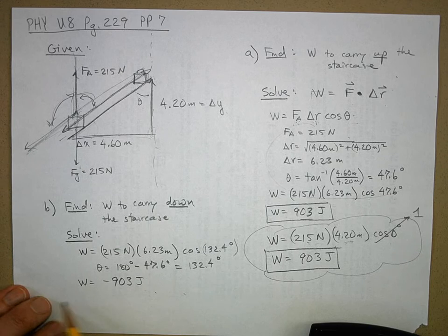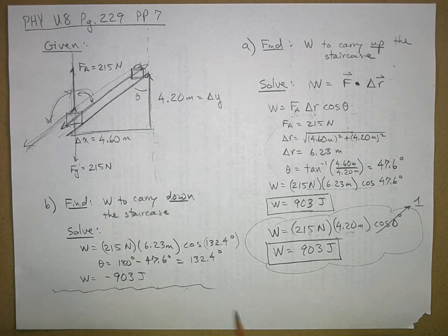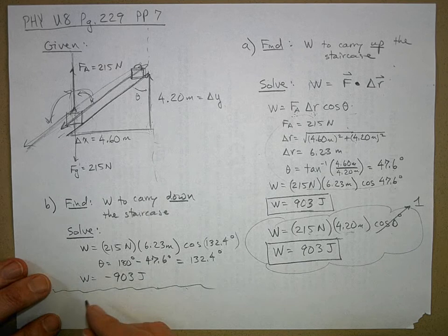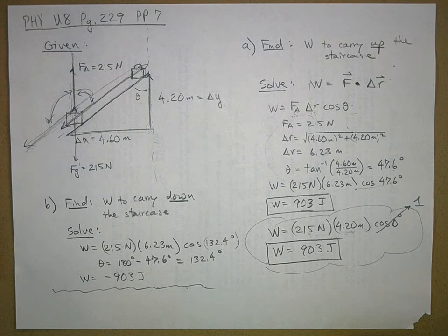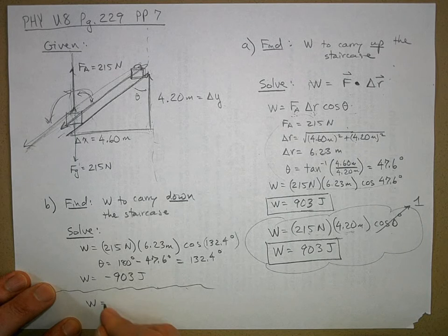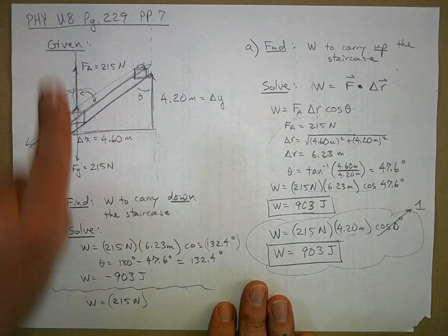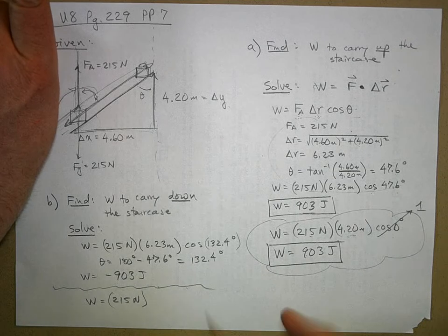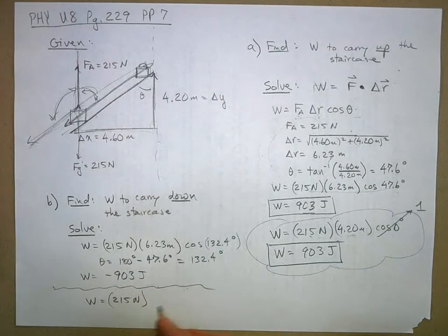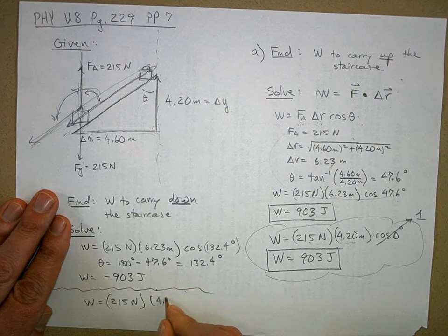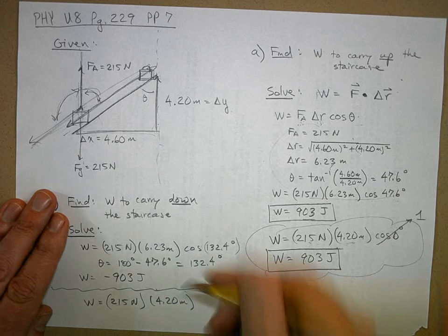Of course, that's the long way to do it. Let's do the shortcut way and just say, look, it's the force and displacement that are parallel to each other that matter. So I'll take the force, 215 newtons. Now that's up. The displacement that's parallel to that is 4.2 meters down.